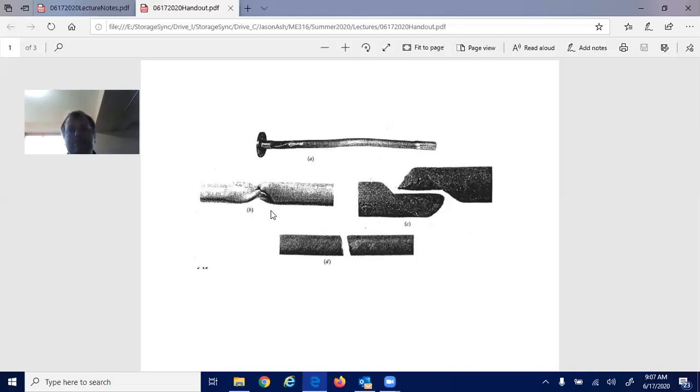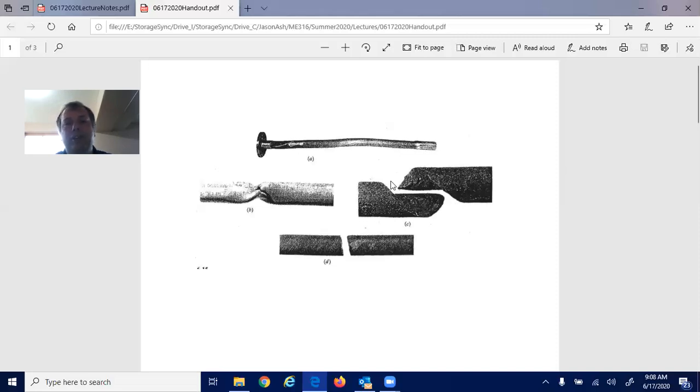Let's see. The next one, C, is an example of a brittle failure for a torsional loading condition. This is what would be occurring if you took a piece of chalk and twisted it. It would kind of fail in that manner. And with that, the reason for that is brittle materials tend to fail under the maximum normal stress that's being experienced.